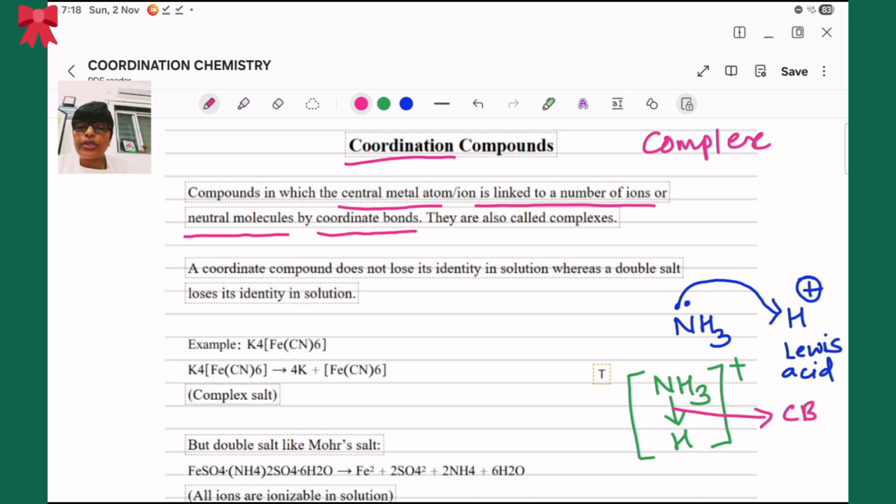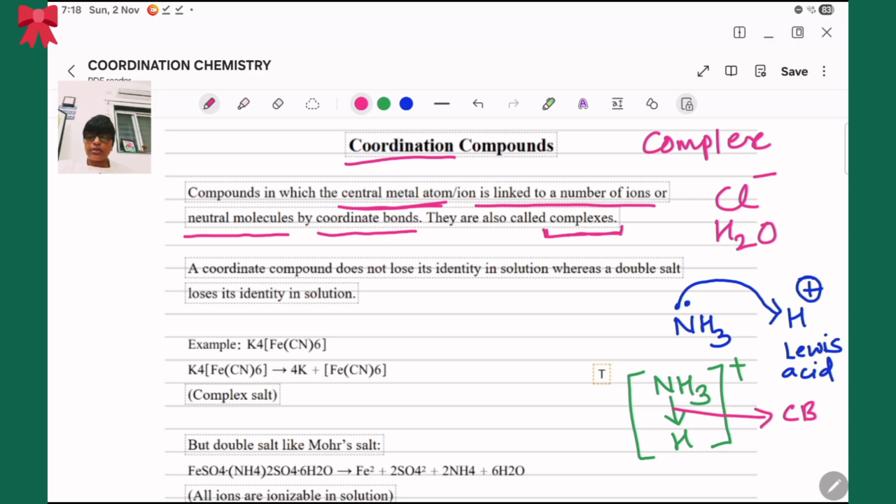Now the most important point is that in coordination compounds there will definitely be a central metal atom or ion which will be linked to a number of ions, which can of course be negatively charged, for example Cl minus, or positively charged, or you can have neutral molecules also, like water, and they are all linked by coordinate bonds. These coordination compounds are also known as complexes.